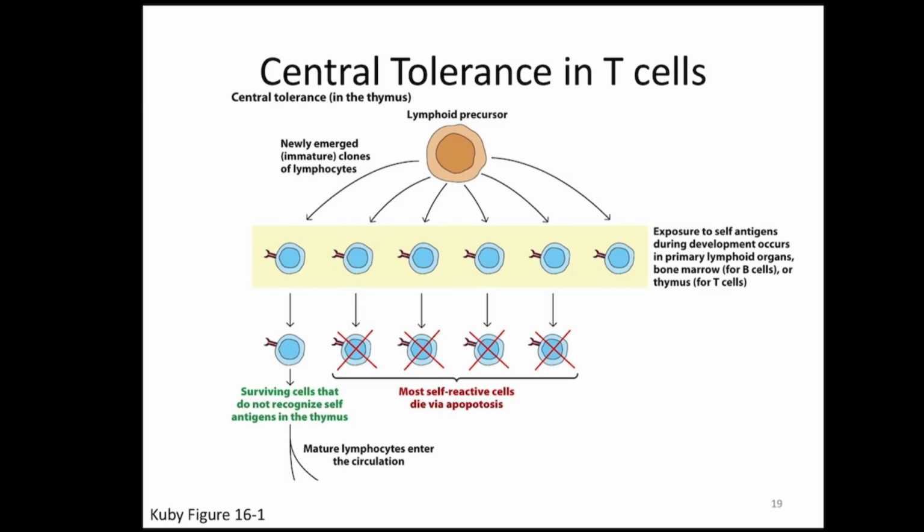Remember that I told you last time that developing T cells learn what self is from the thymus. Your T cell receptor could bind to any old thing. We want it to be able to bind to self-MHC in order to get signals.